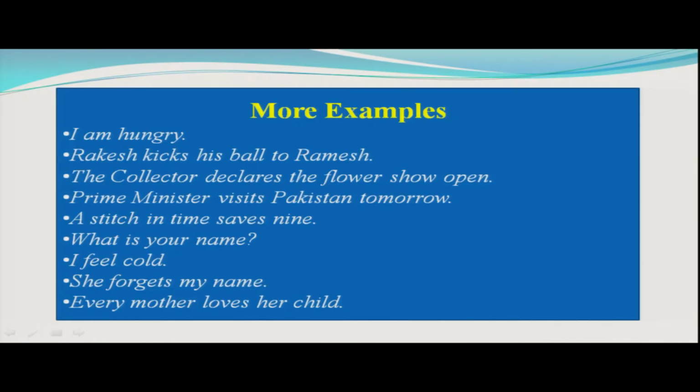Now, the Prime Minister visits Pakistan tomorrow. This is an official timetable fixed. The Prime Minister has the official timetable. He has to follow the official timetable, and he will visit Pakistan tomorrow. Instead of saying he will visit, the simple present tense is used. The Prime Minister visits Pakistan tomorrow.